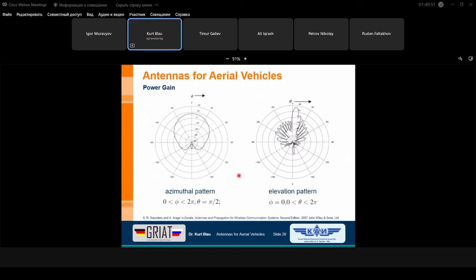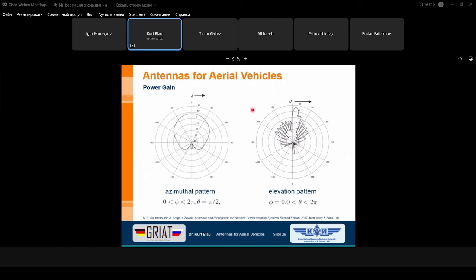And if you look from your observation point to the horizon, then you look in this direction, or in the azimuth. And elevation means this is the angle from the horizon. Perpendicular means in the direction of the sky.